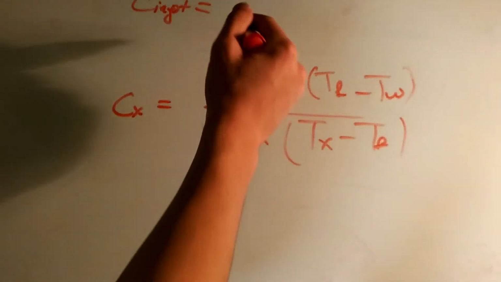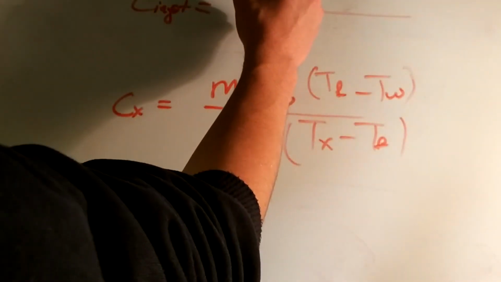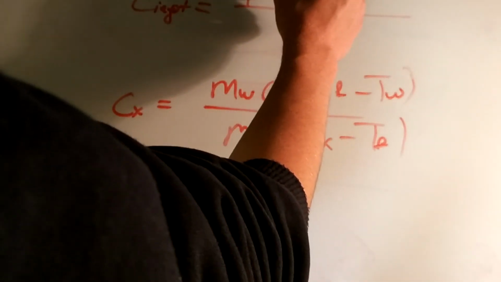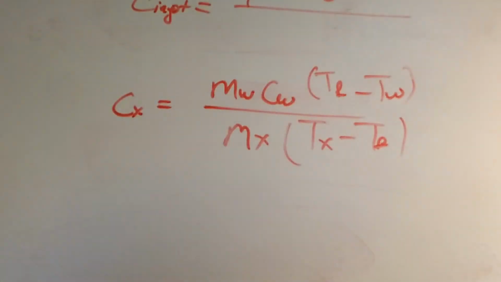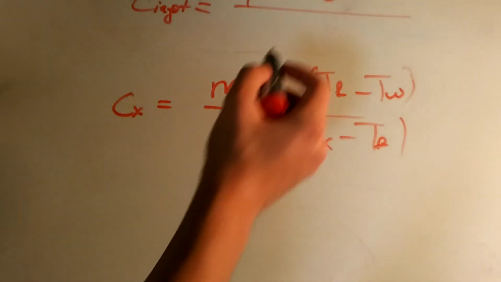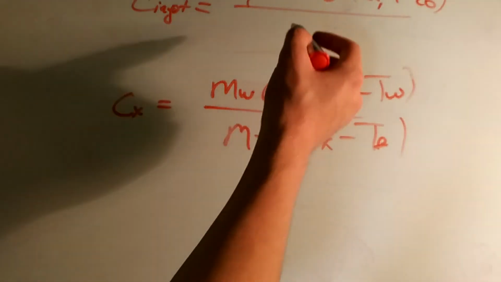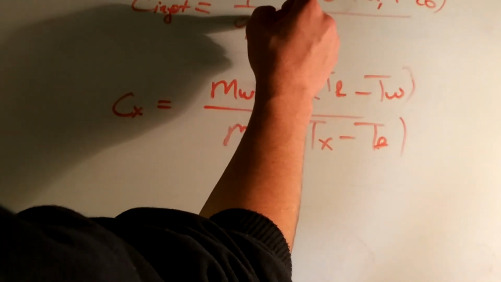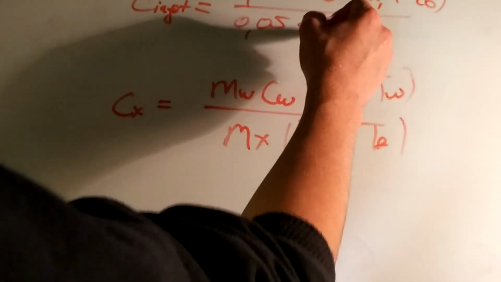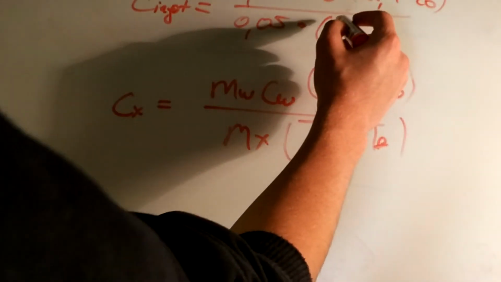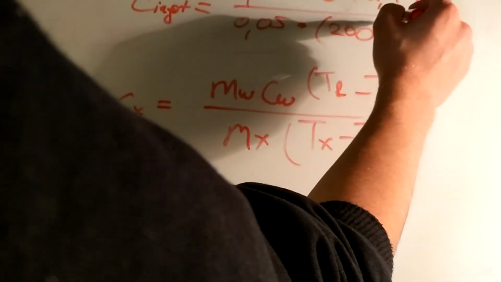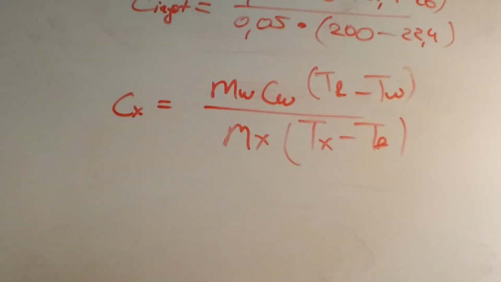Now we have the mass of the water, which is 0.4 kilograms, times the specific heat of water times the temperature difference. Now the temperature difference is 22.4 degrees Celsius minus 20, over the mass of the substance, which is 0.05 kilograms, times, here we have 200 degrees Celsius minus 22.4 degrees Celsius.